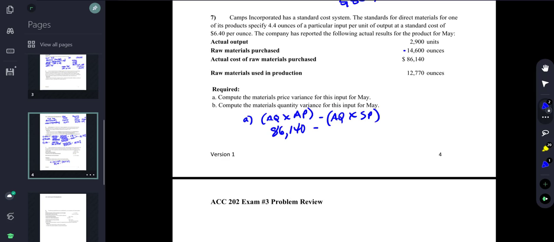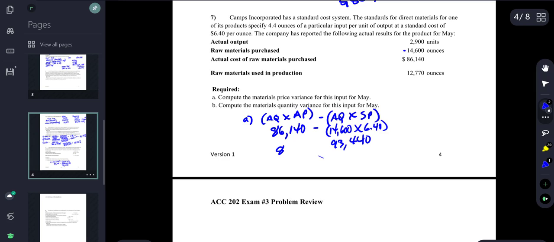So 14,600 ounces times the standard price per unit. So 14.6 times 640. So we wind up with 93,440.